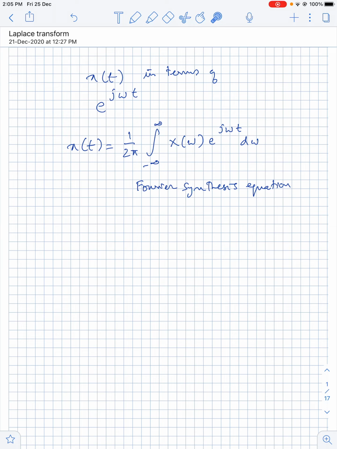This was the essential idea of the Fourier transform, and Fourier analysis involved determining these x of omegas. Once you have those, you can use the synthesis equation to get back to your x of t, representing x of t in terms of e raised to j omega t.